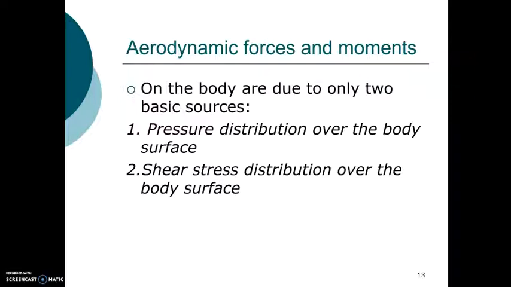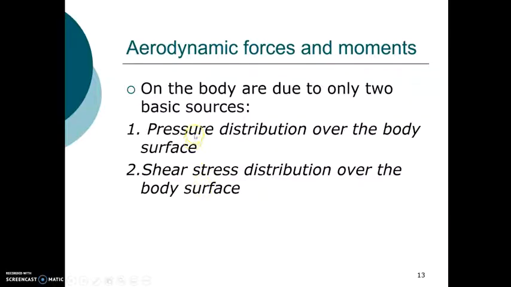And then we proceed to look at the aerodynamic forces and moments on a body. The basic source of these forces and moments on a body are the pressure distribution over the entire surface of the body, and also the shear stress distribution over the entire surface of the body. Recall that whilst we were defining pressure and shear stress, we said pressure is the normal force per unit area, and shear stress is the tangential force per unit area.